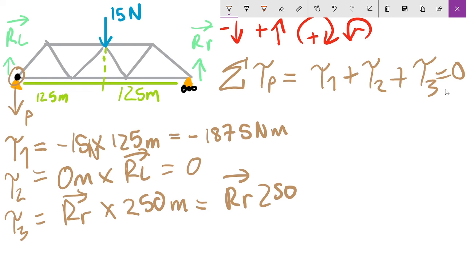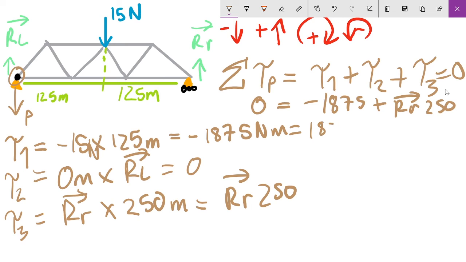So the sum of torque equals 0, which means 0 equals torque 1, which is negative 1875, plus torque 2, which is 0, plus torque 3, which is R times 250. Then 0 equals negative 1875 plus R250, and then we get R250 equals 1875.